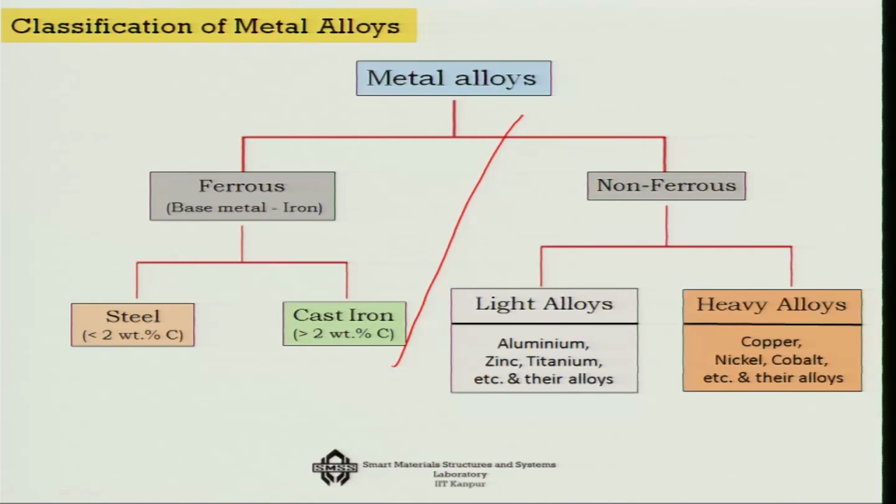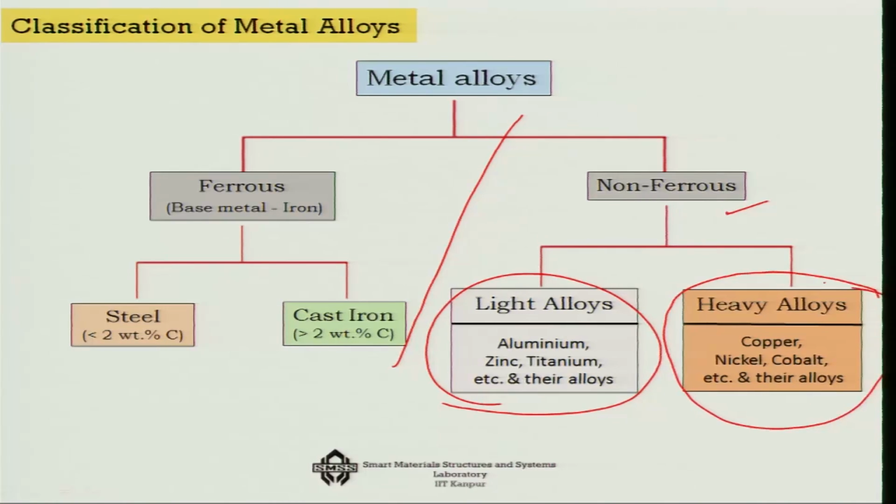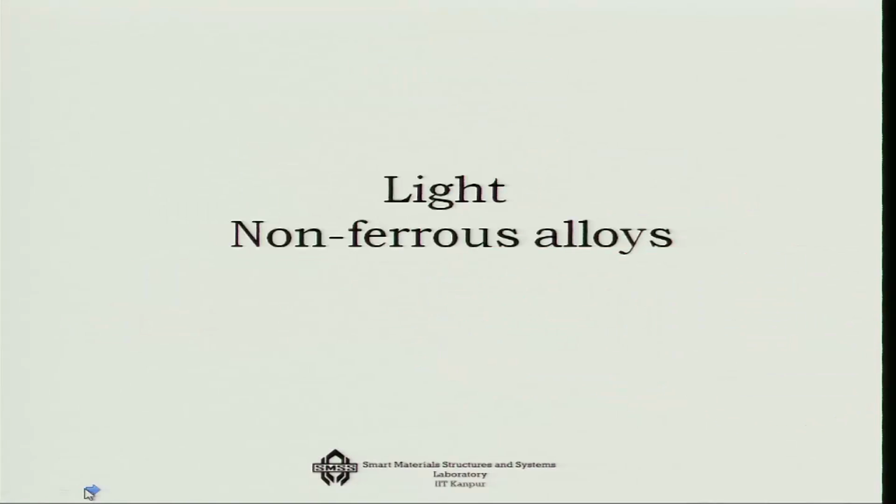In today's lecture, we are going to talk about non-ferrous alloys: light alloys from aluminium, zinc, titanium and their alloys, and heavier alloys with copper, nickel, cobalt, etc. So, a light group and a heavy group. Let us first talk about the light group, then we will go to the heavy group.